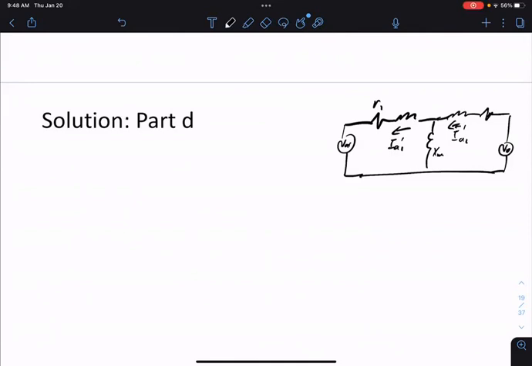All right. So that's the question we have here. The way we're going to deal with it is to first find the VM. We're going to find the voltage across this shunt branch.